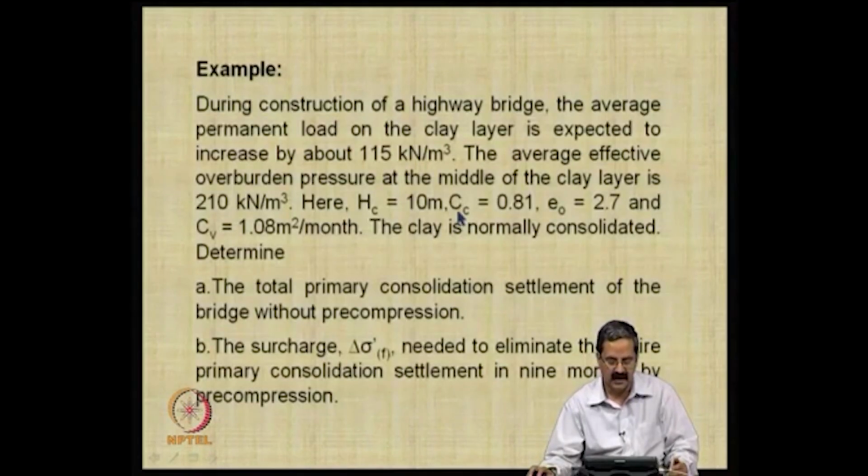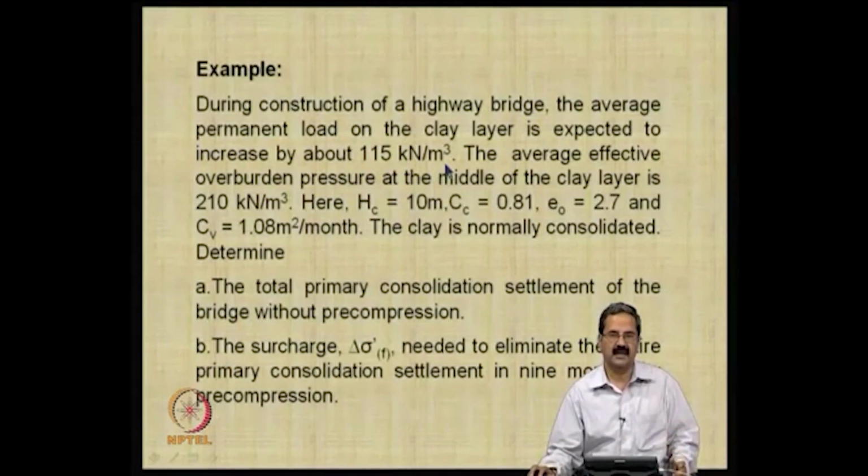So, as I just mentioned, I gave an example last class where you had some sort of surcharge because of the preload. In fact, this 115, you assume that there is a permanent load that can come because of the extra load, that 115 kilonewton per meter cube.